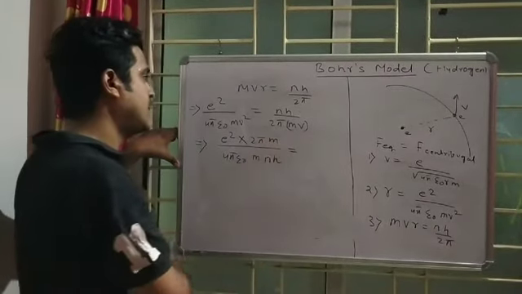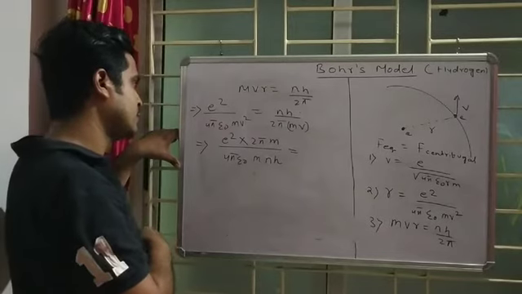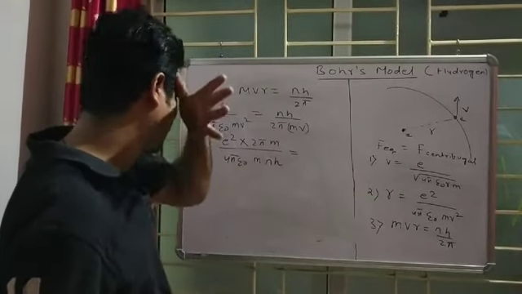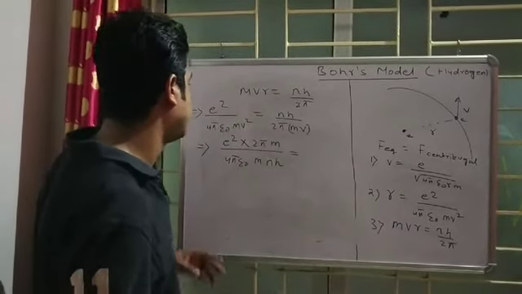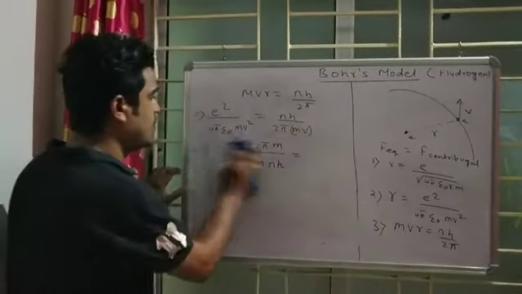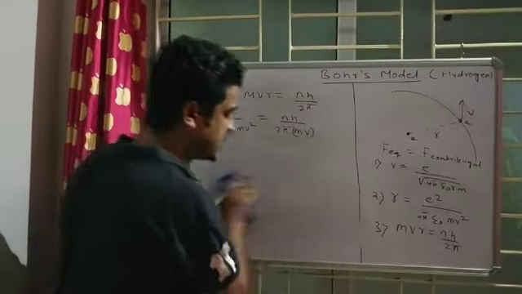So v square will go like this. Let me check once again, I think I have done some mistakes.